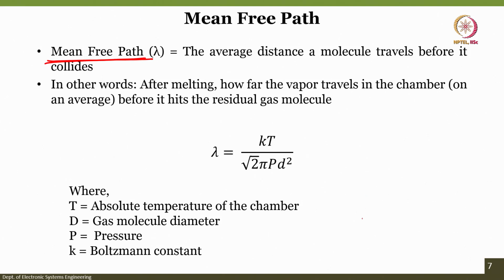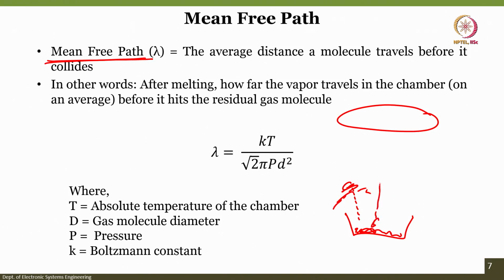So you have this boat and you have this substrate here, how much can the material travel before it collides with something and gets deflected, right? The higher the mean free path, the better the chance of uniform deposition, right.